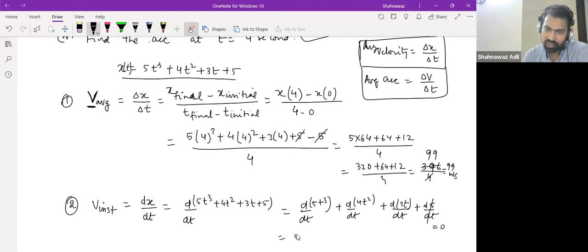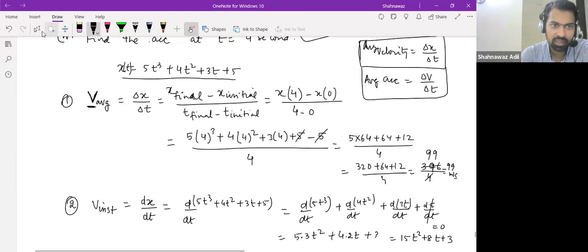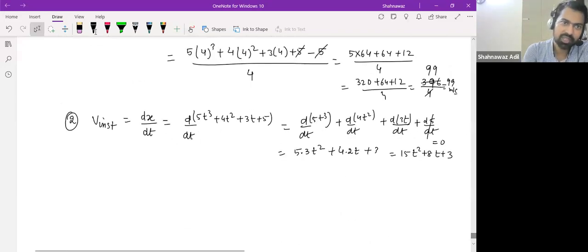And so we have 3t cube by dt, plus 4 dt square by dt, plus 3 dt by dt. So then we'll have 15t square plus 8t plus 3. So this is the instantaneous velocity. And in the question, they have asked us to calculate the velocity at 2 seconds. So we would be simply what?